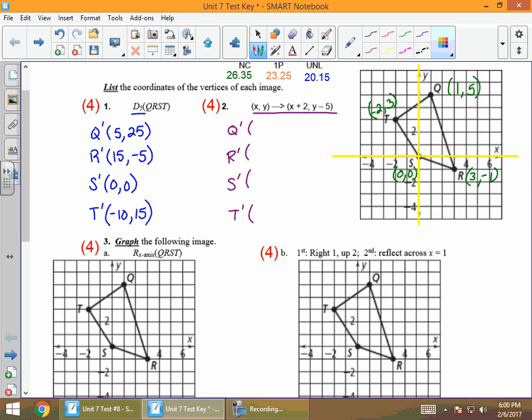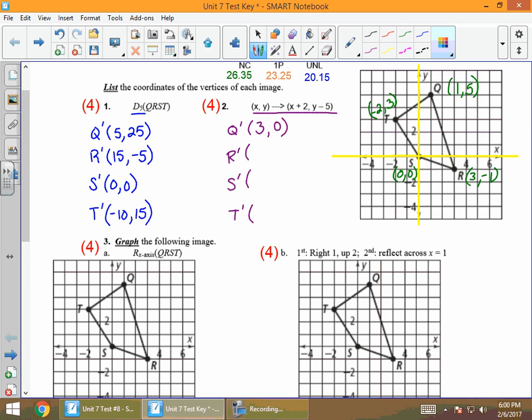So I'm going to go back to my original points, the ones over here in green. So the old Q was at 1, 5. So I am going to add 2 to that x value, and 1 plus 2 is 3. The y value then, I have to subtract 5. So it was 5, and 5 minus 5 is 0. So the new Q is at 3, 0.